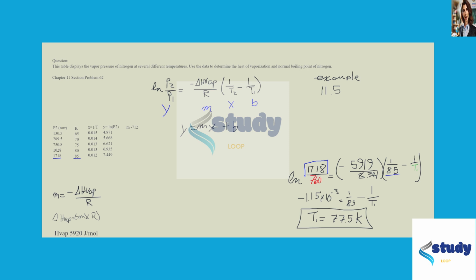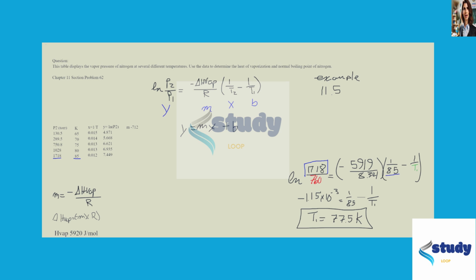The trick here is that when you're solving for T1, we're looking for the boiling point, the temperature at which it goes from a liquid to a gas. That's going to be T1, and P1 is 760 torr, if that's standard pressure.